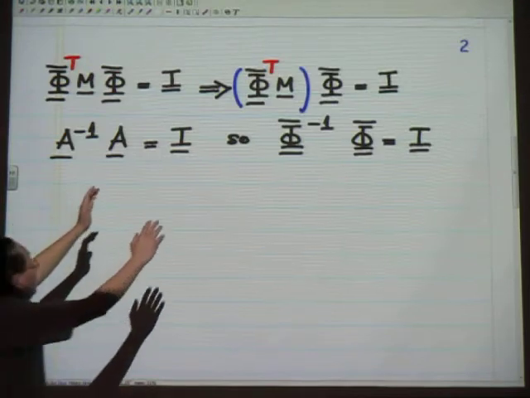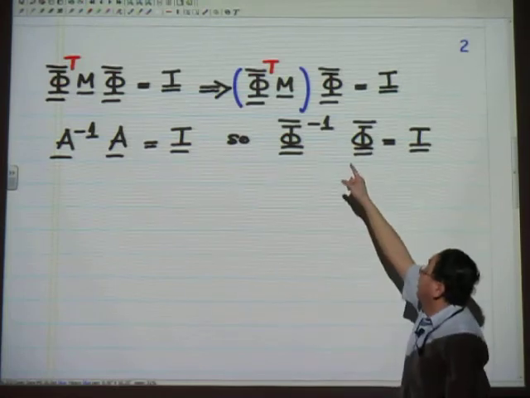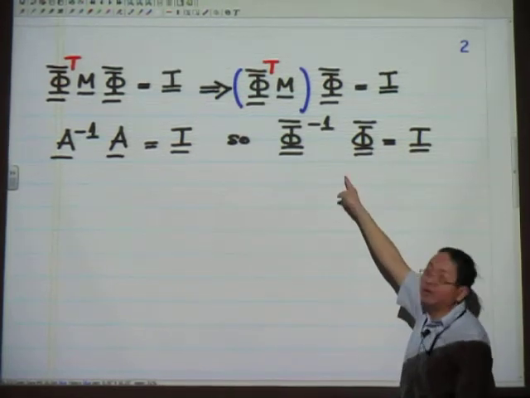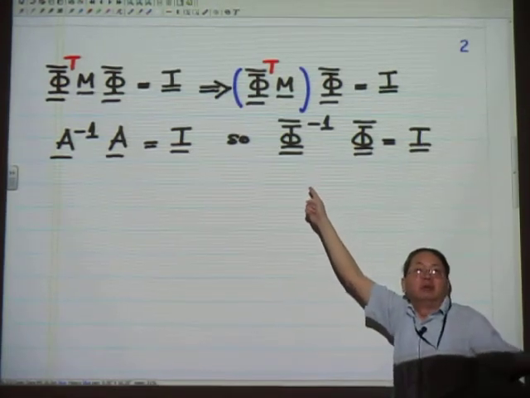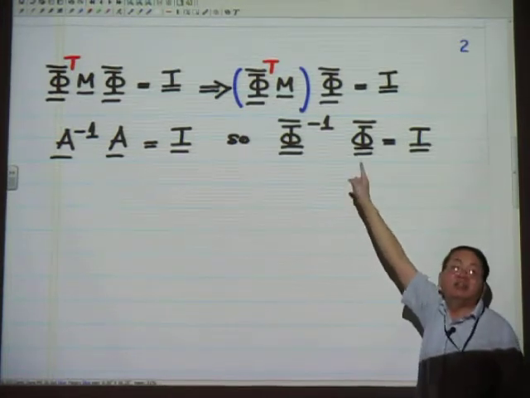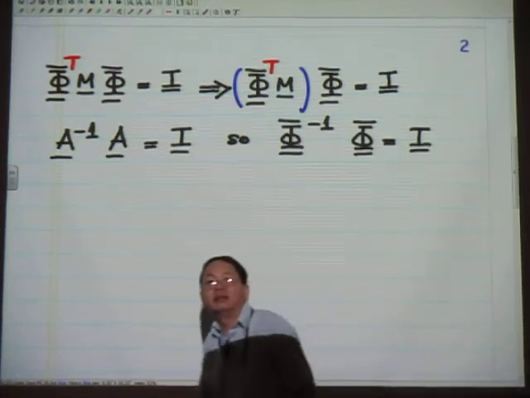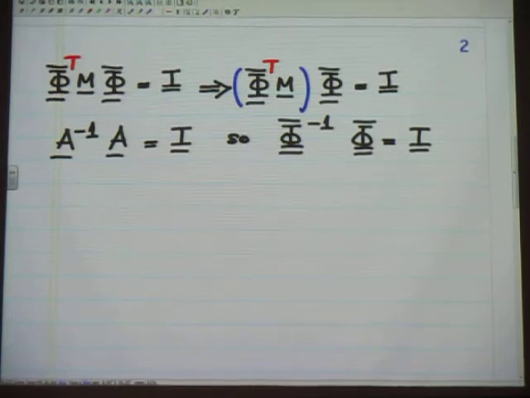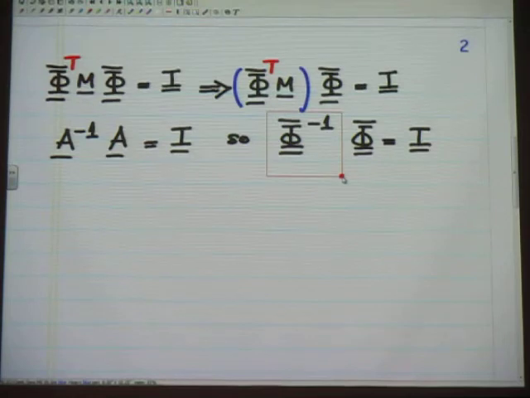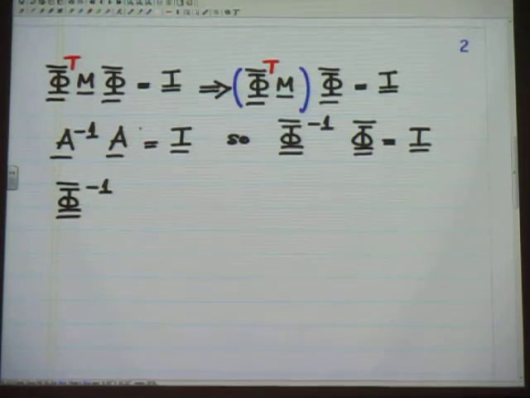If you put the parentheses around the product of the first two matrices, multiplied by phi bar equal to identity, and compare to the obvious definition of an inverse, you can identify that phi bar inverse must be phi bar transpose times m. That's the idea. So phi bar inverse is equal to phi bar transpose times m.